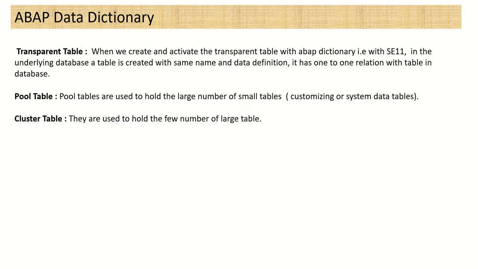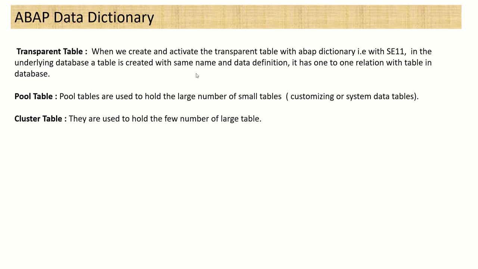Whenever we create and activate any transparent table in the ABAP Data Dictionary, in the underlying database layer, as I explained in the SAP architecture, there are three layers. The first is the presentation layer, that is the local machine or laptop. The second is the application layer, and the third is the database layer.